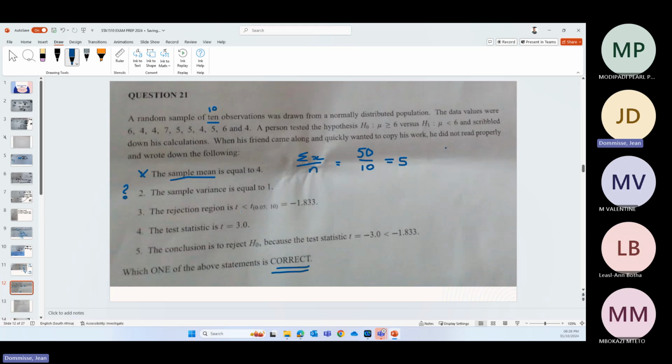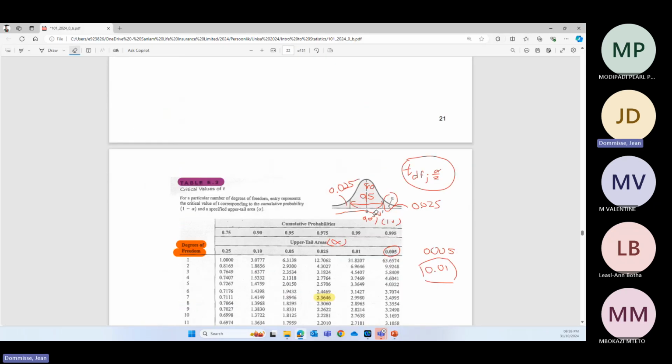Okay, so here we need to go to the T table. It's interesting on the T table, is that n or n minus 1.